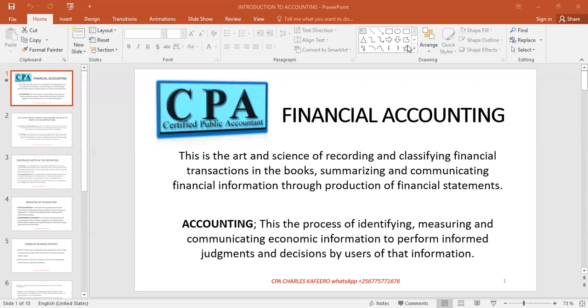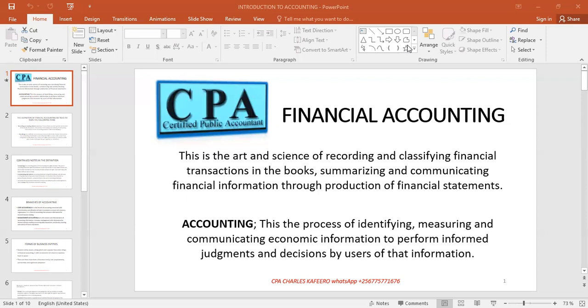One of the branches of accounting is financial accounting. So financial accounting is the art and science of recording and classifying financial transactions in the books, summarizing and communicating financial information through production of financial statements.